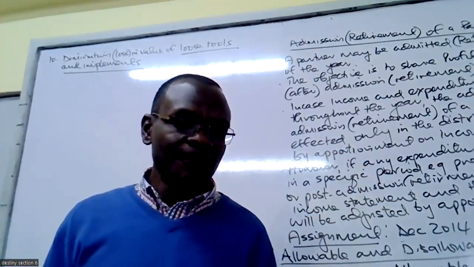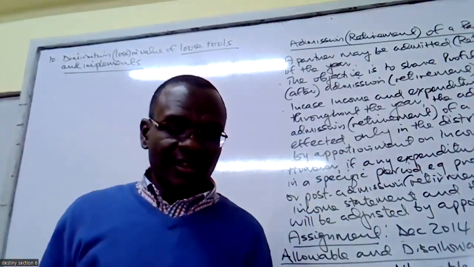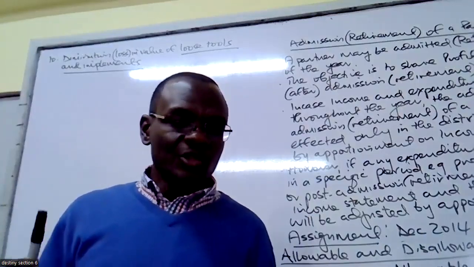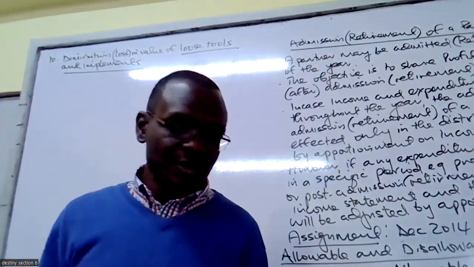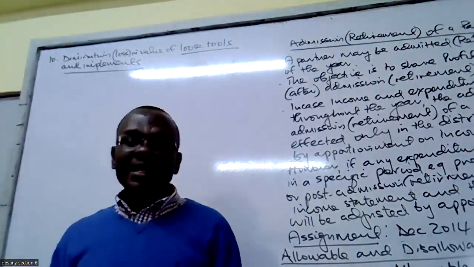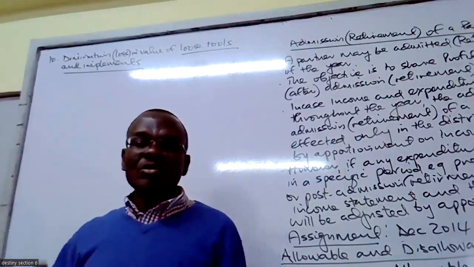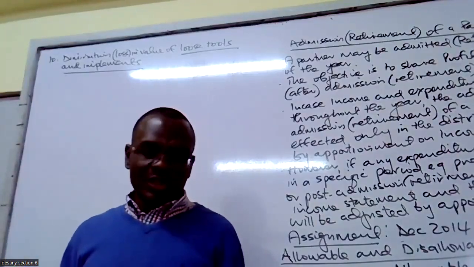Number 16, the expenditure on advertising. The expenditure on advertising to promote the sale of goods by a business, e.g., advertisements on TV, on radio, or newspapers.